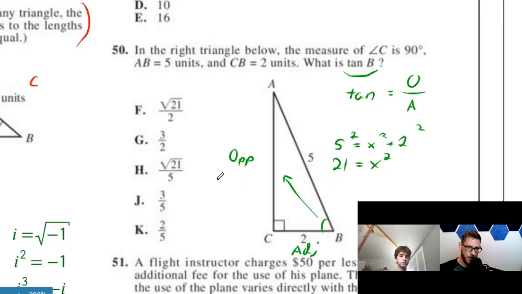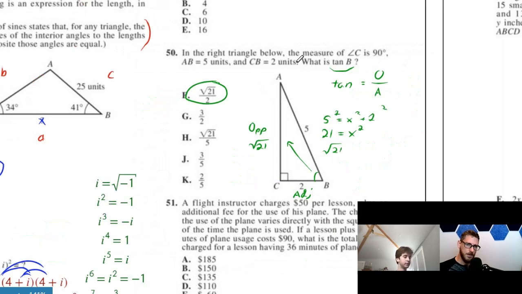And so the square root of 21 is that missing side. So if that's the square root of 21, then what is tangent? Square root 21 over 2. Yeah, opposite over adjacent. Okay. Yeah, that's it. Oh yeah, I think that's what I did.